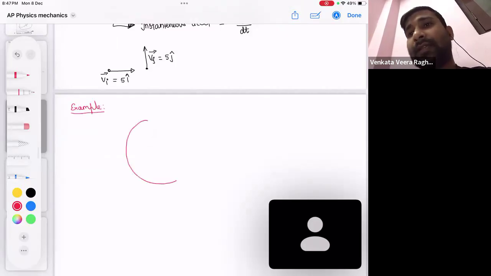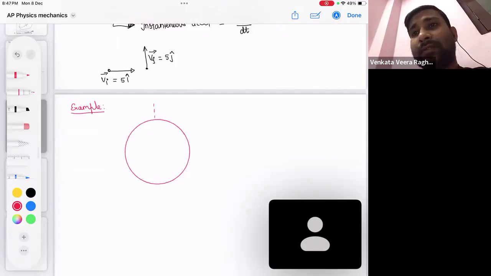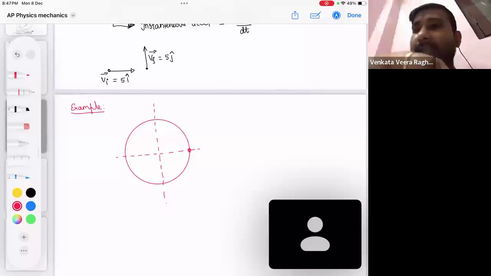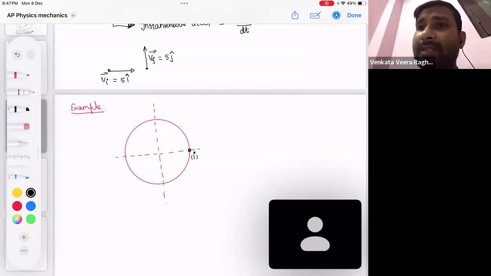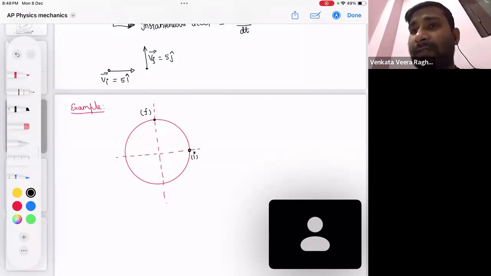Let's say a circular path is given to us. A particle is initially at this point, and after some time t, the particle goes here. Understood? The particle goes from I to F. This is the center of the circle.